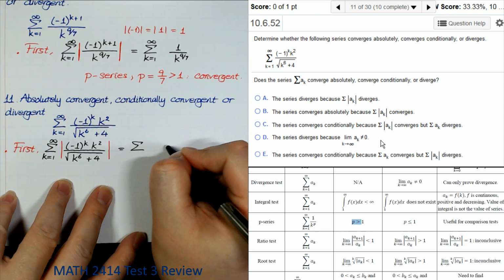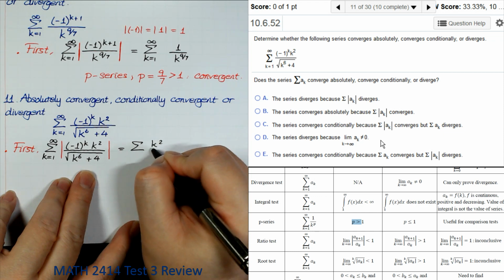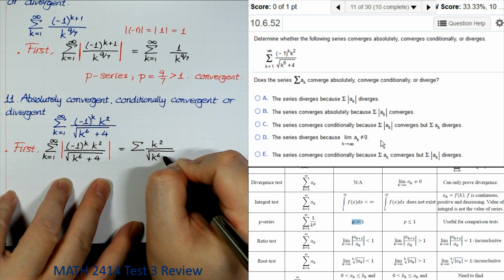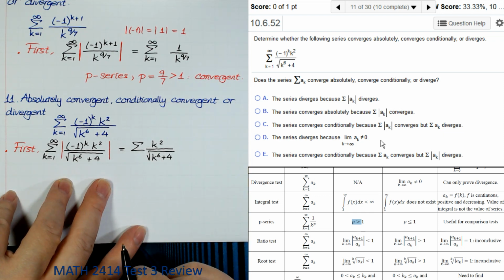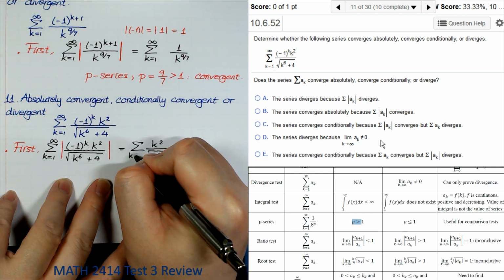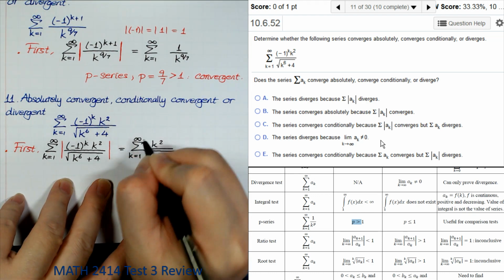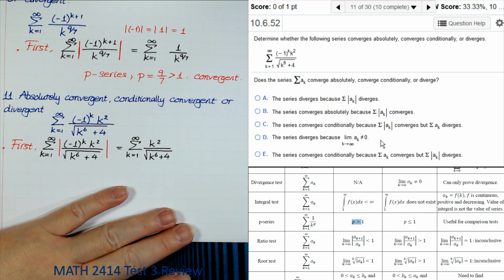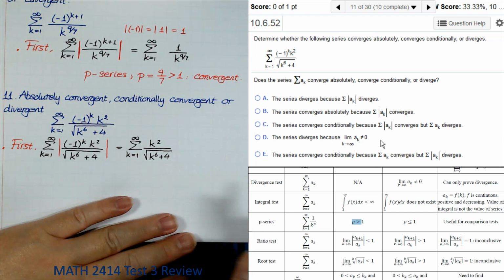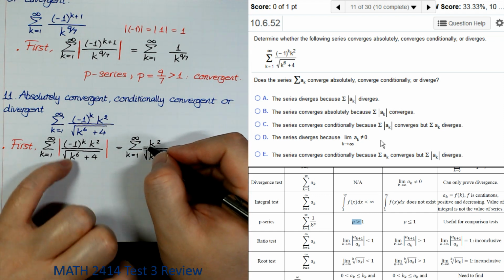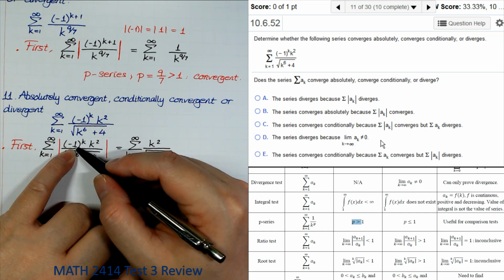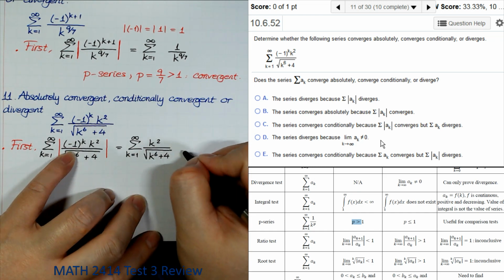We have everything else, k squared, and we have that. I have to be careful with this. The absolute value turns the negative 1 to the k power into 1. So we just have that. Now that will be a of k.